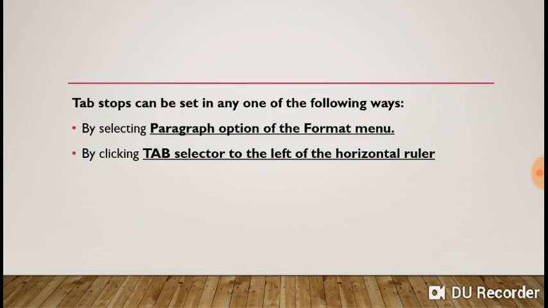Now there are different ways to set the tab, so let us discuss these. First is by selecting the Paragraph option from the Format menu. Second is from the horizontal ruler bar. Let us see them one by one.